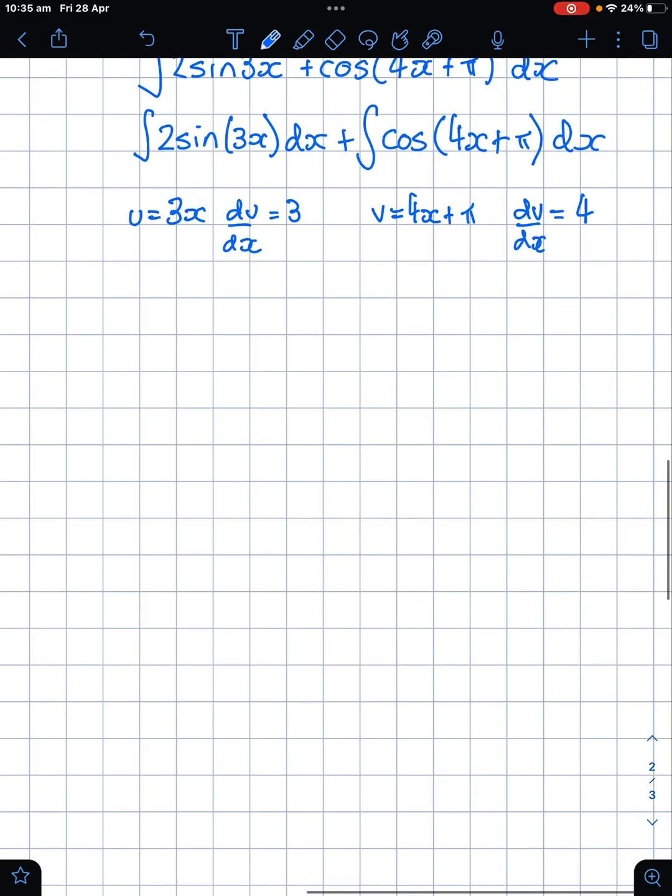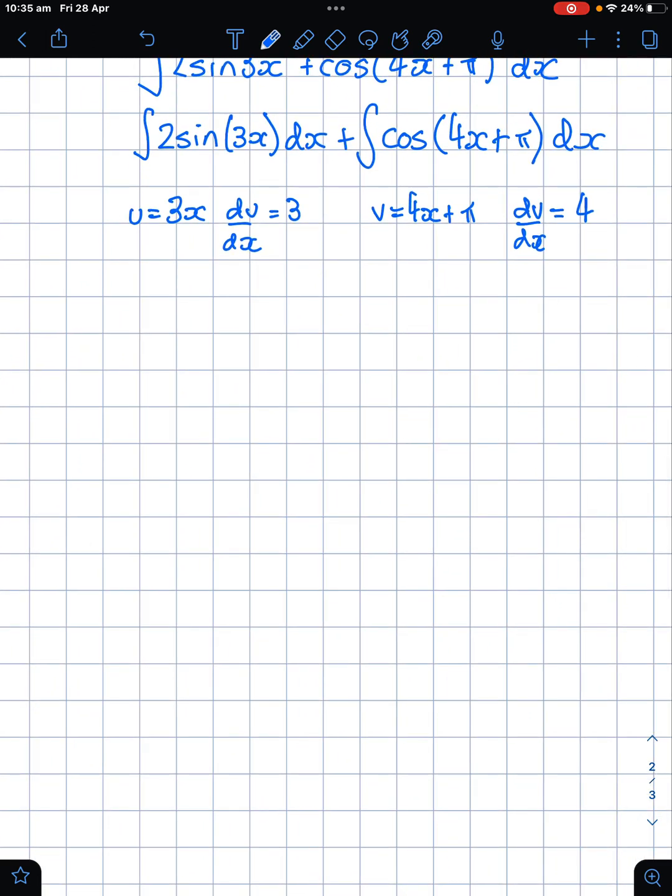So I'm going to have to rewrite these integrals. This first one, because I need a 3 in here, I'm going to have a third out the front. So I'm going to do 1/3 integral 2 sine 3x, and then this will be times 3, and then dx, plus our next one here. I'm going to have a quarter out the front to make way for this.